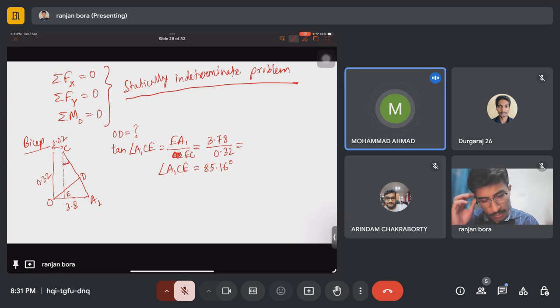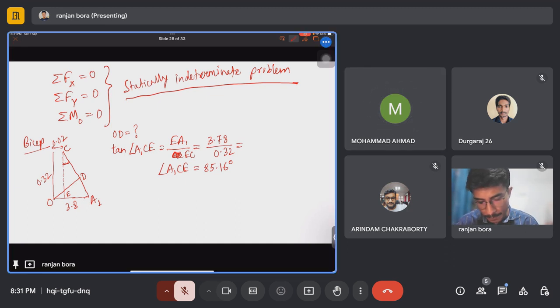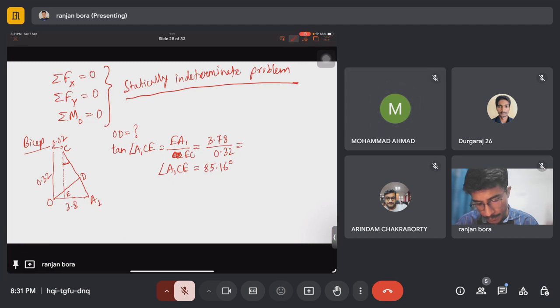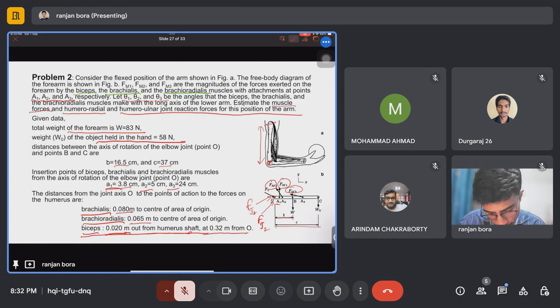This angle is very near to flat. I think I have made some mistake here, because this is given in centimeters and these are given in meters.